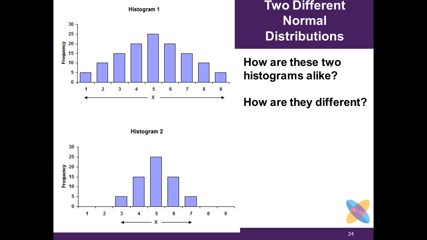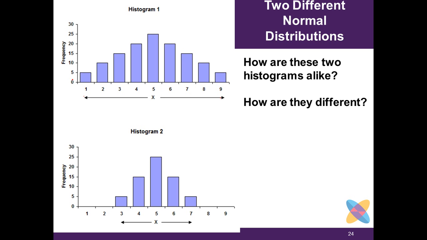So how are they alike, and how are they different? Hopefully you said that histogram 1 has more variation, that we start at 1 and go to 9.